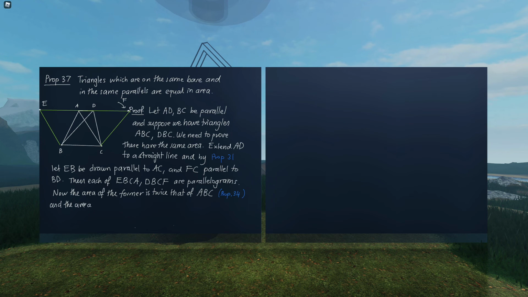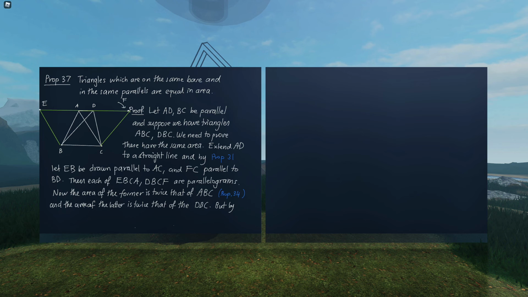And similarly, the area of the latter, so the parallelogram DBCF, is twice that of the triangle DBC by the same proposition.